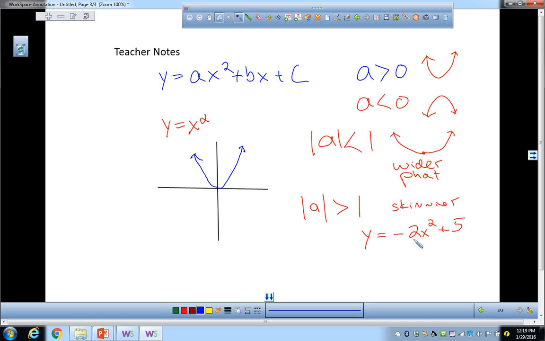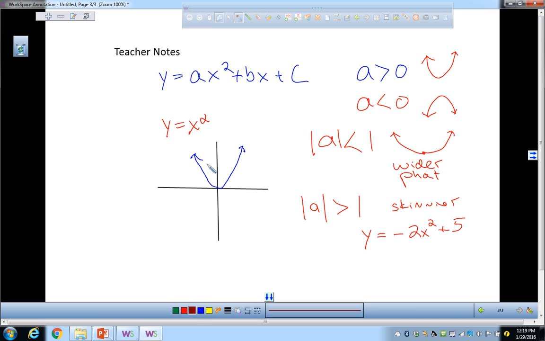Is it going to be right side up or upside down? Upside down. Okay, it's not wider. It's going to be skinnier and upside down because this absolute value is bigger than 1.